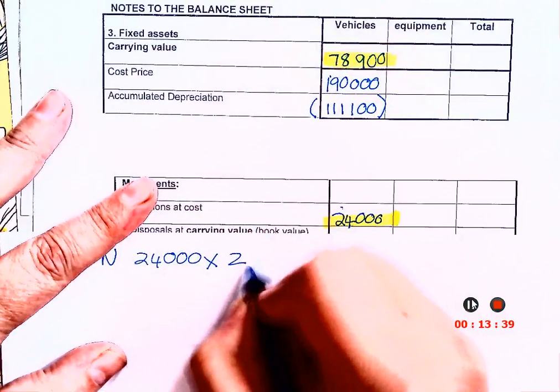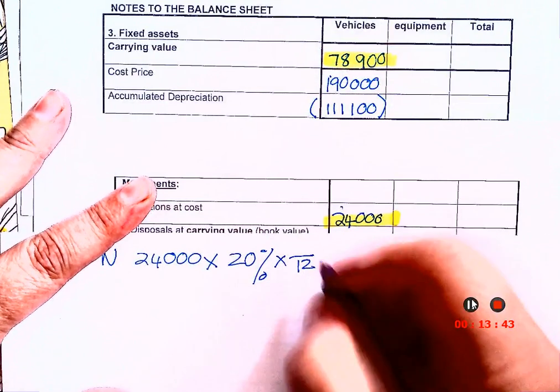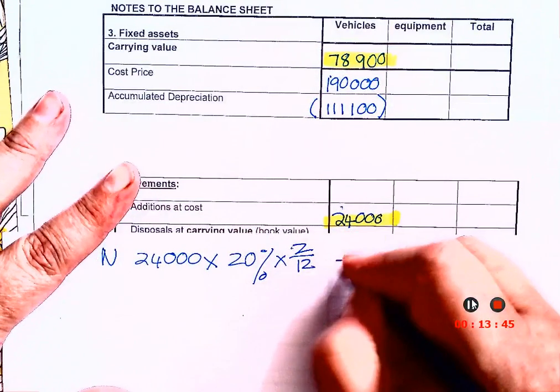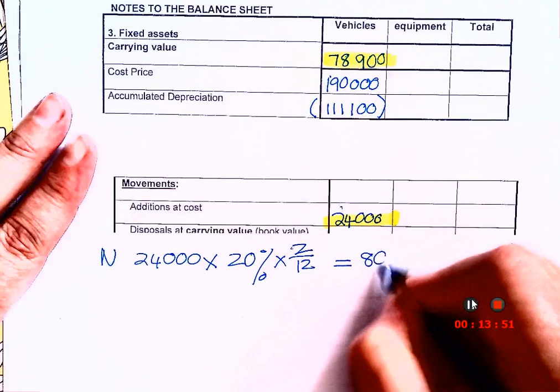And how many months? I bought it in January, so it's 2 months. This gives me 800.